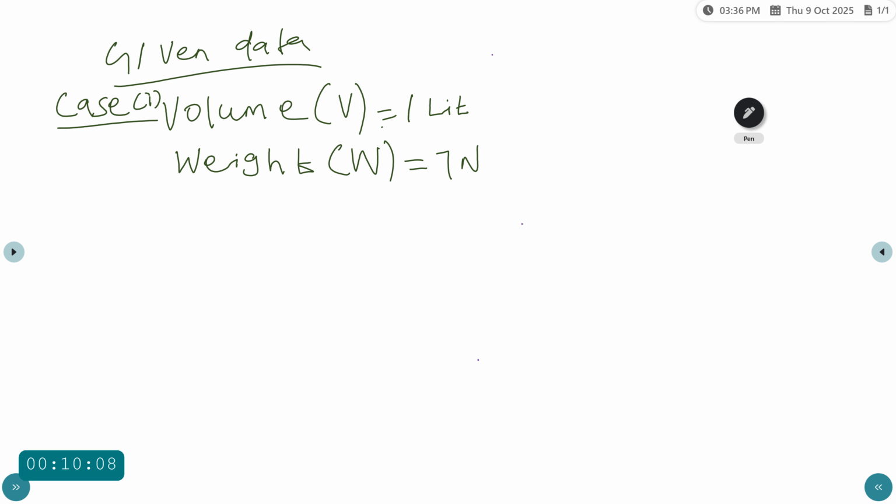They ask us to determine the following data. Before that, we need to add the SI units, because the volume is 1 liter.